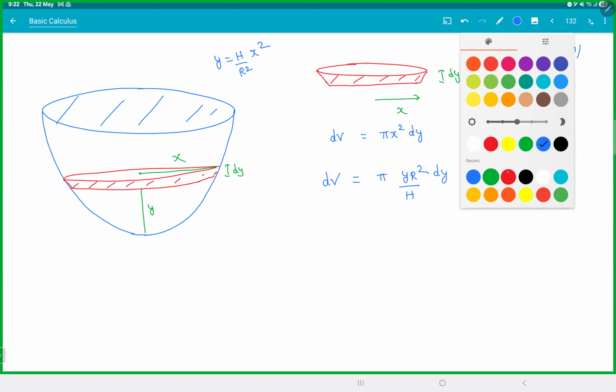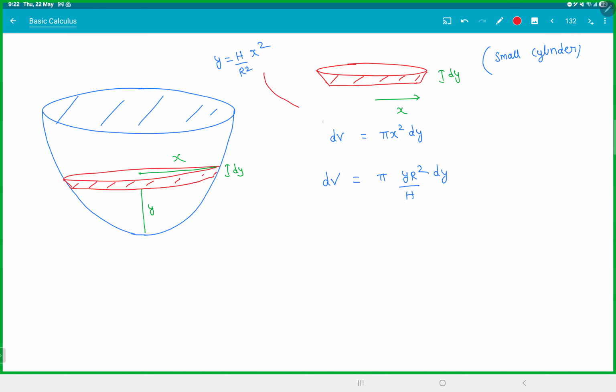You're getting what I did? I simply took x square from here and dumped it in this. Done, look, there's nothing there. This is pi r square by h into y dy. It is a very simple integration. Your y coordinate at the bottom is 0. At the topmost point, the y coordinate is height h.